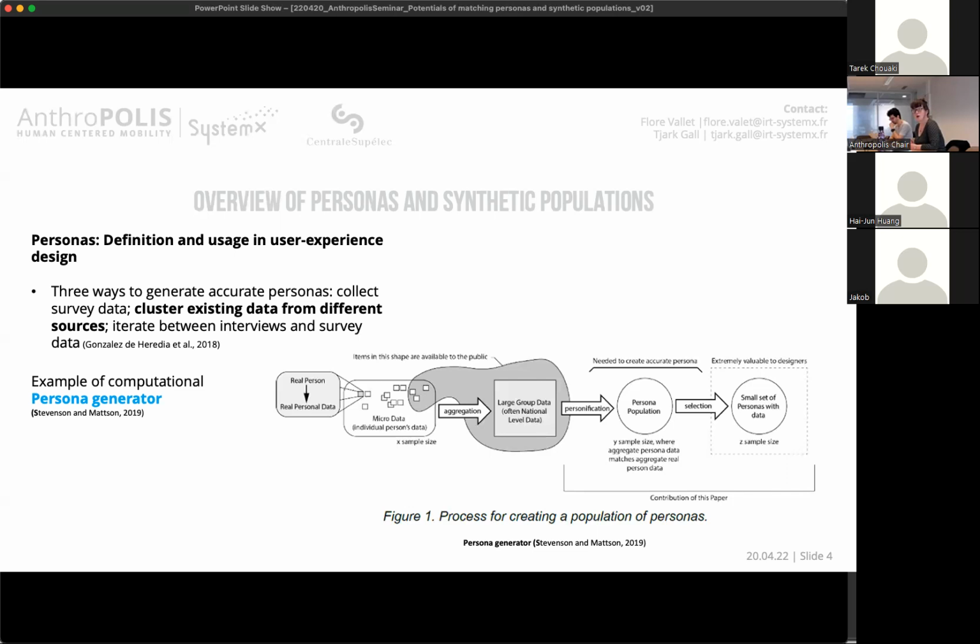The case study was on building personas for taxi drivers in Brazil, if I remember well. From that, they managed to build a statistical population of personas, and to extract a small set of about 10 or 15 personas from this data.